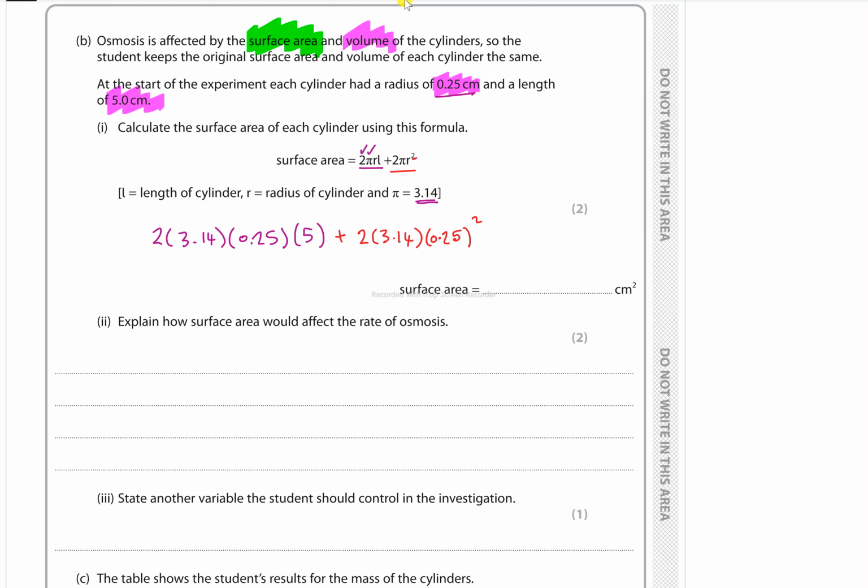Right, now we're asked to work out the effect of surface area.